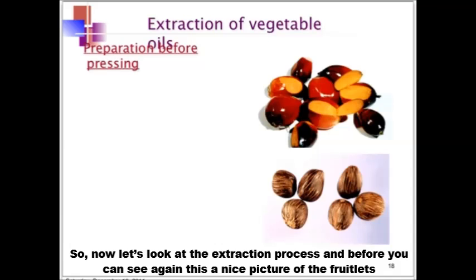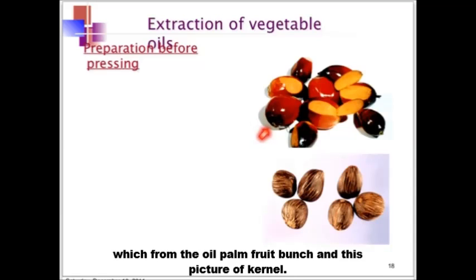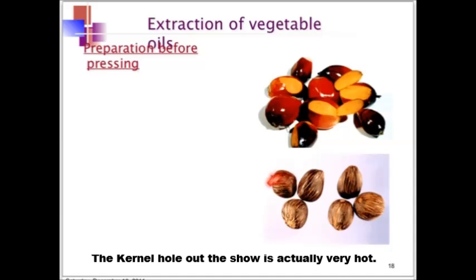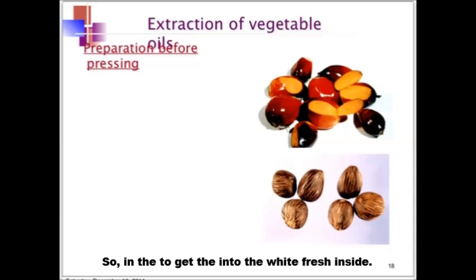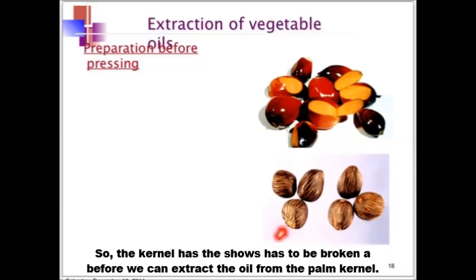Before that, we can see again this nice picture of the fruitlets from the oil palm fruit bunch, and a picture of the kernel. The outer shell of the kernel is very hard, so the shell has to be broken before we can extract the oil from the palm kernel.